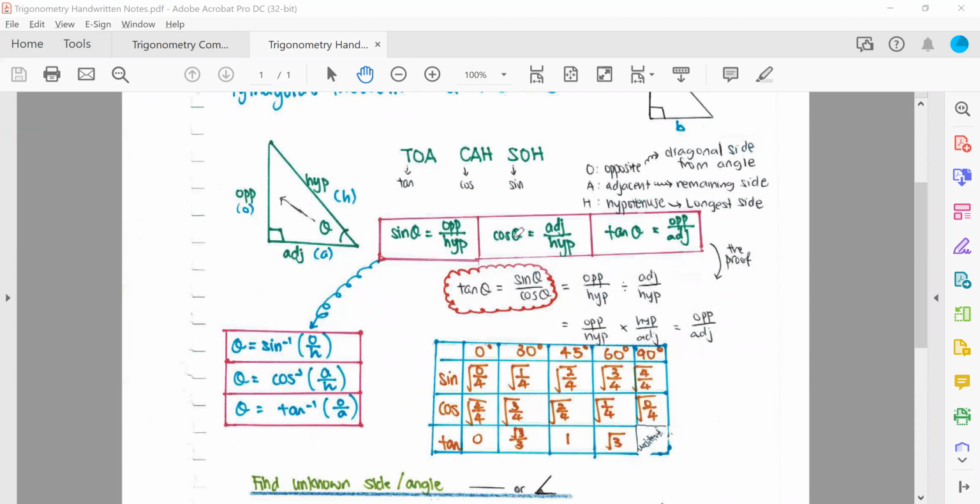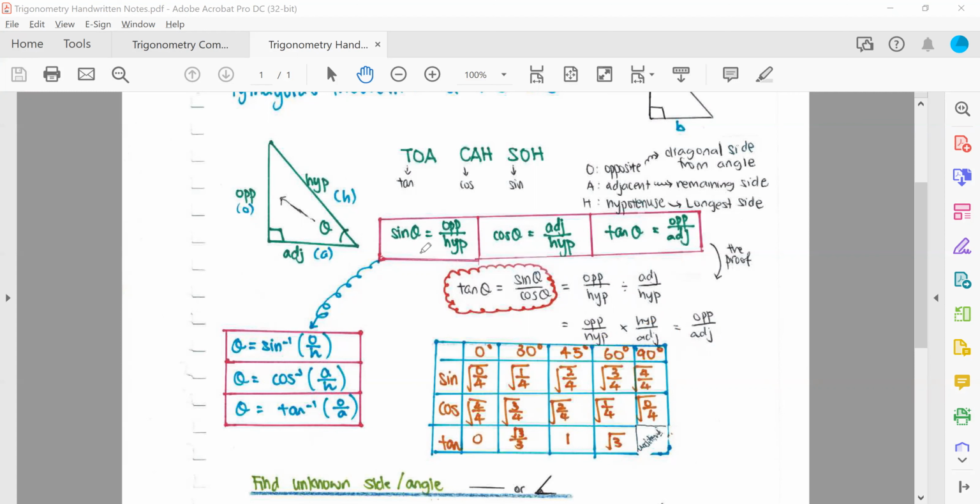Since sine theta is equal to opposite over hypotenuse as shown here, and then we divide by cosine theta, so divide by adjacent over hypotenuse as shown here. By solving this equation, when you have a divide, you change it to multiplication and you flip the numerator and denominator around. And by solving it, you will get opposite over adjacent. And that's the same as tangent theta.